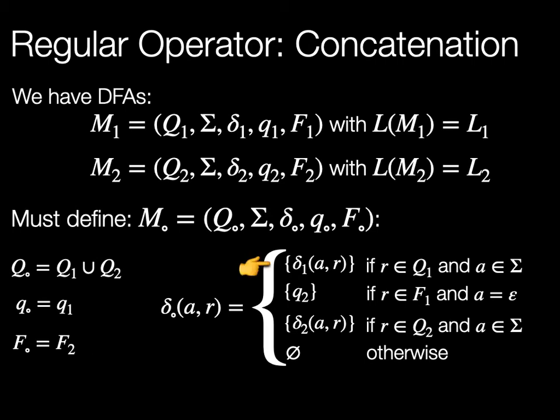The transition function must be updated to add the new transitions from the final states of M1 to the start state of M2. First, if we find ourselves in M1 and we are not reading an epsilon, then we simply do as M1 does. But if we are in M1 in a final state and reading an epsilon, then we add a transition to the start state of M2. This is where we will move over to accept W2 in the concatenation.